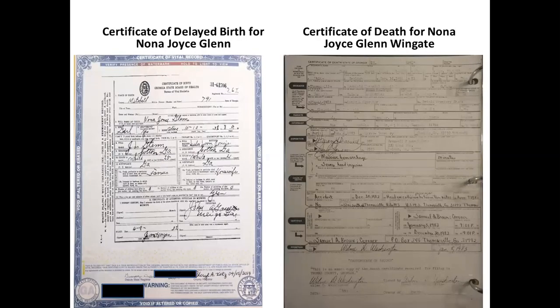These are an example each. This is the certificate of delayed birth for my grandmother, Nona Joyce Glenn, and then this is the certificate of death for my grandmother, and by then she was Nona Joyce Glenn Wingate. And so you'll notice that the birth certificate actually looks quite new. That's because she was not really issued a birth certificate when she was born.